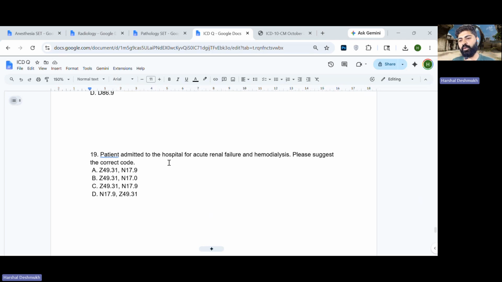Patient admitted to the hospital for acute renal failure and hemodialysis. Please suggest the correct code. There you go, should be a quicker one.